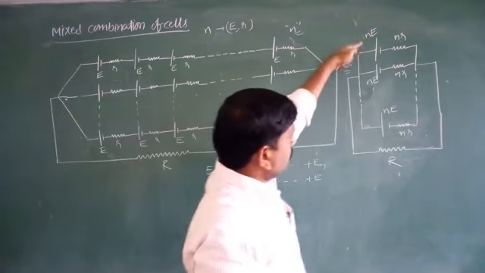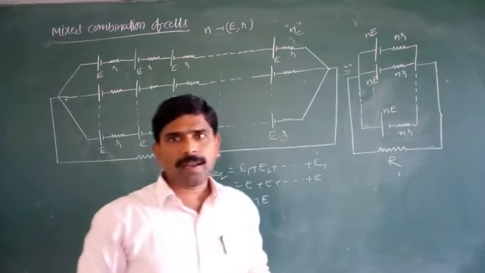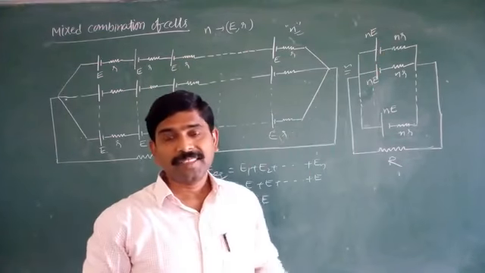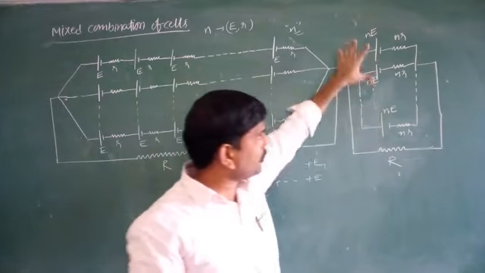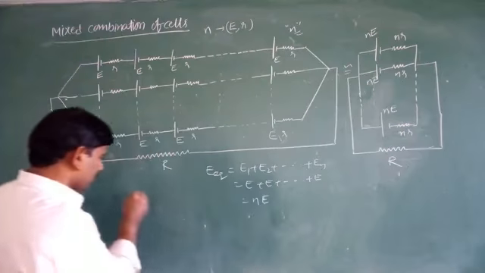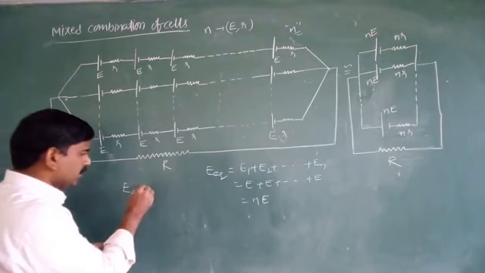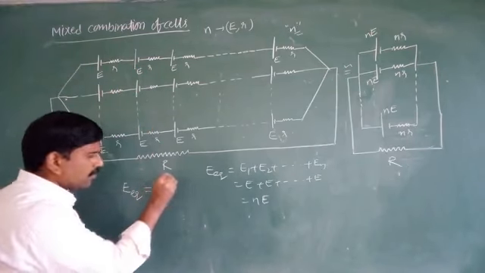Observe, here all these cells are connected in the parallel combination. All these cells have equal EMF. Then what about the equivalent EMF in this situation? E equivalent for the mixed combination is nothing but NE only.